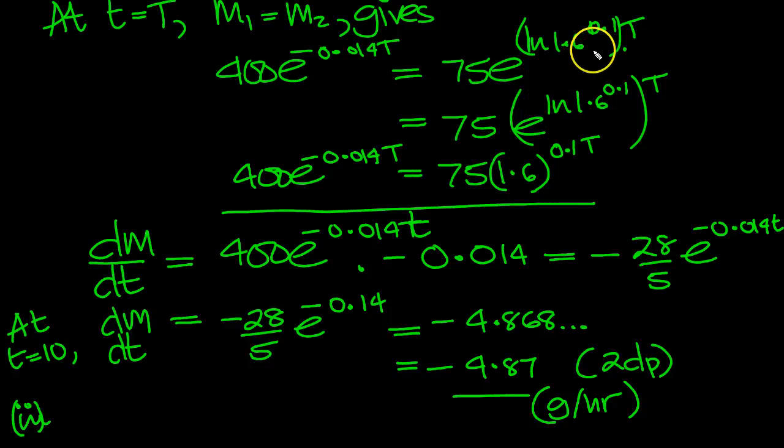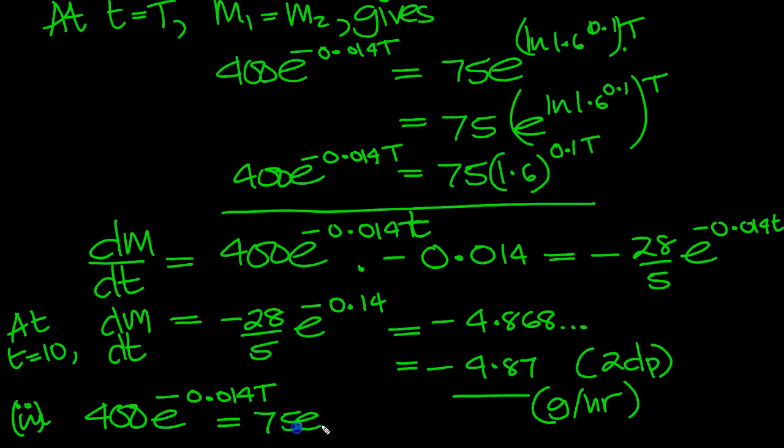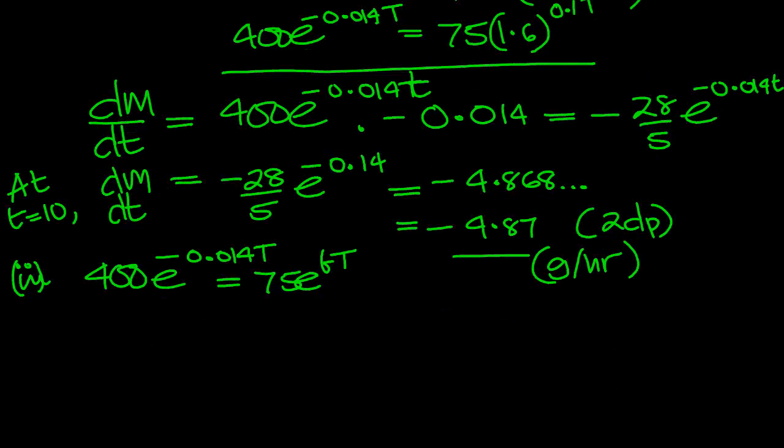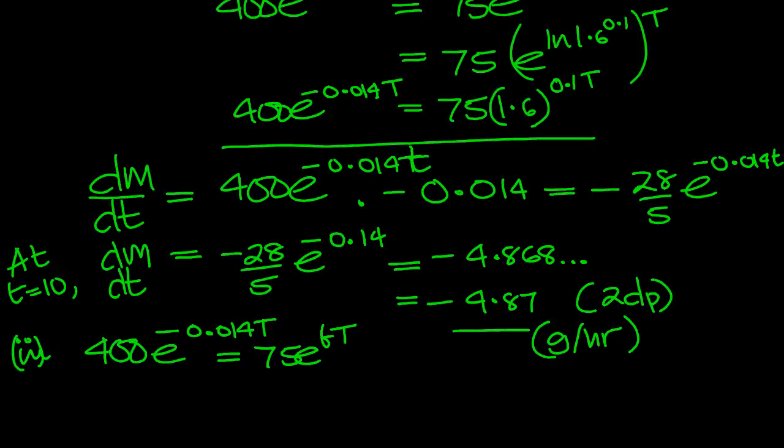What are we going to do then? This is e to the something t. So 400 e to the minus 0.014t is equal to 75 e to the, I'm just going to put b instead here, t, so I know what b is. Okay, good.